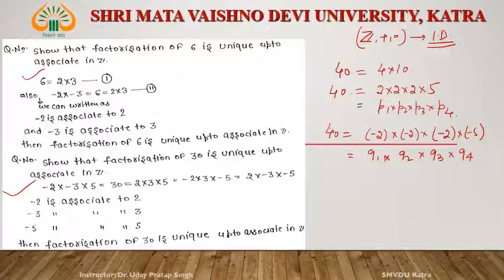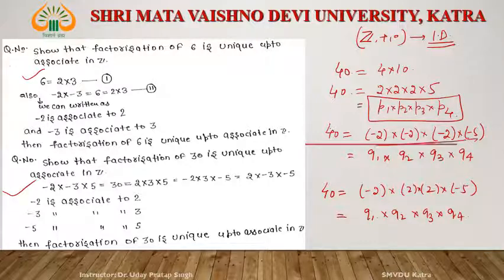Again, we can write 40 as minus 2 into 2 into 2 into minus 5, again q1, q2, q3 and q4. So first let us see these two expressions.